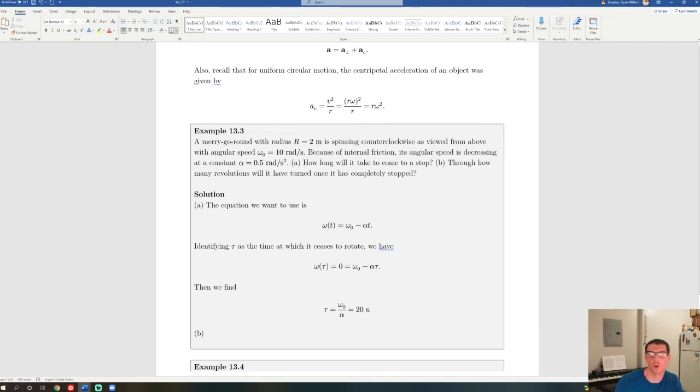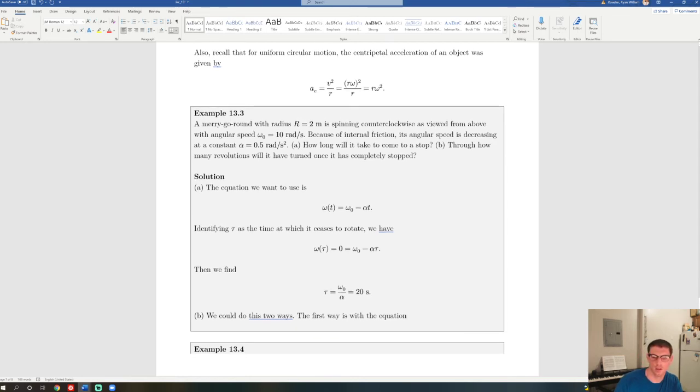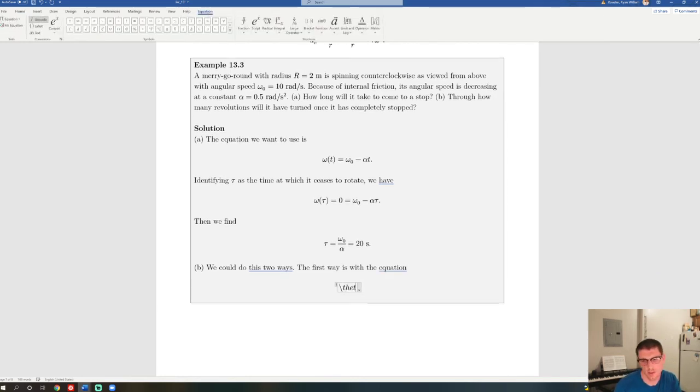Cool. Okay, so for part B, we want to figure out what its angular displacement is after the 20 seconds has gone by. And we could do this two ways, as is often the case in physics, as we've seen a few different times. The first way is with the equation theta of tau equals omega naught tau minus 1/2 alpha tau squared.